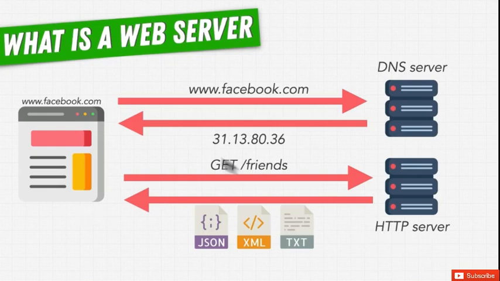So the browser is speaking HTTP to the server, and the server can respond because, again, it's speaking HTTP. So what does this language look like? What are the words that HTTP uses?